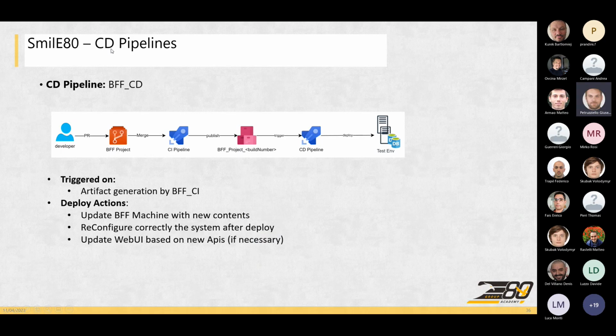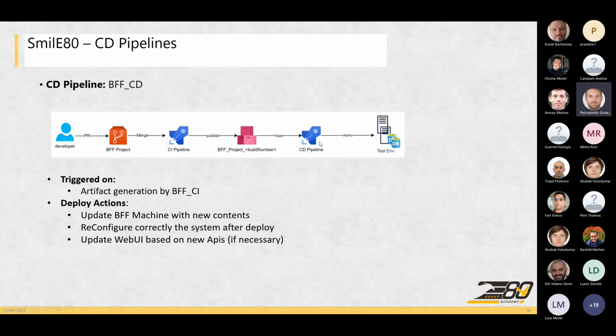Another pipeline that you can find in the system is the deployment pipeline for the BFF project. This pipeline is used to automatically deploy the artifact for the BFF project on the testing environment system, and it's triggered by the BFF continuous integration pipeline.